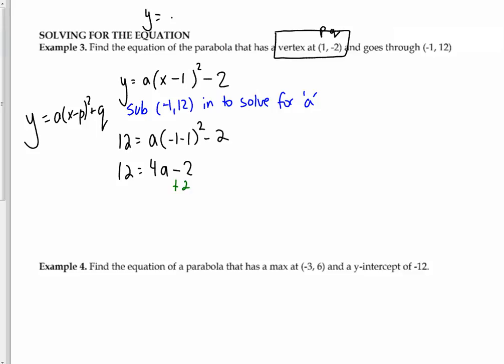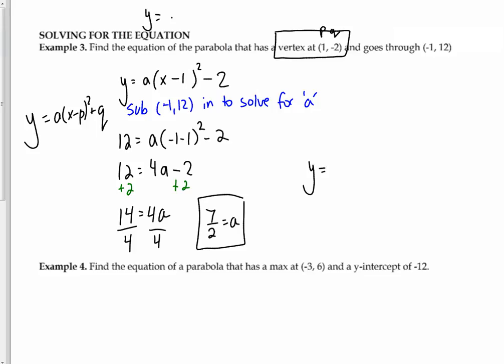Add 2. We get 14 equals 4a. Divide by 4: 7 over 2. So y equals 7 over 2 times (x minus 1) squared minus 2.